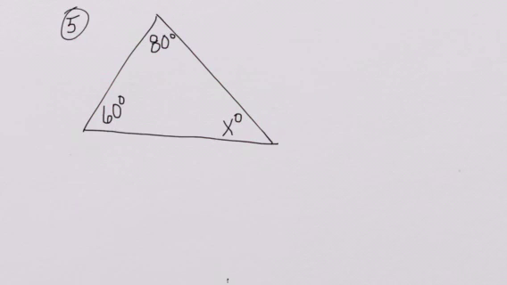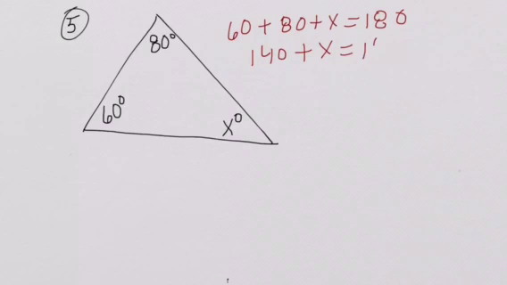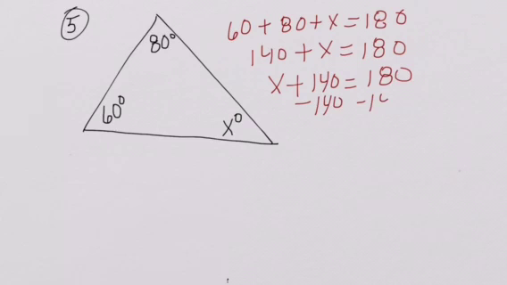I know that all the angles of a triangle equal 180. So I'm going to do 60 plus 80 plus x is equal to 180. 140 plus x is equal to 180. X plus 140, using commutative property of addition, is equal to 180. Zero pair the 140. So x is equal to 40 degrees.